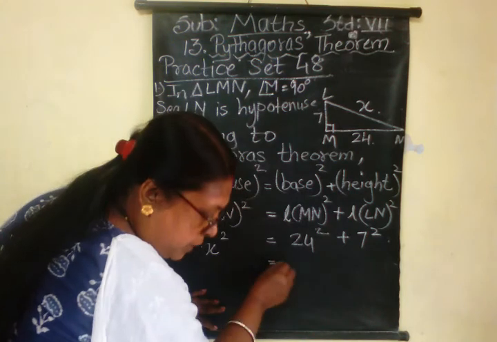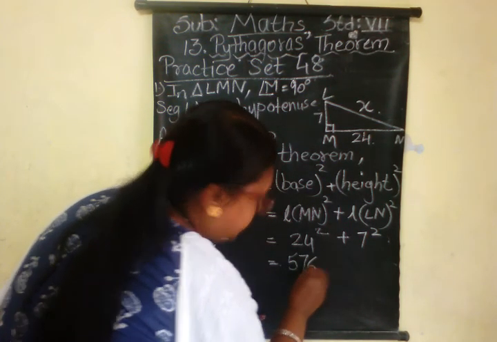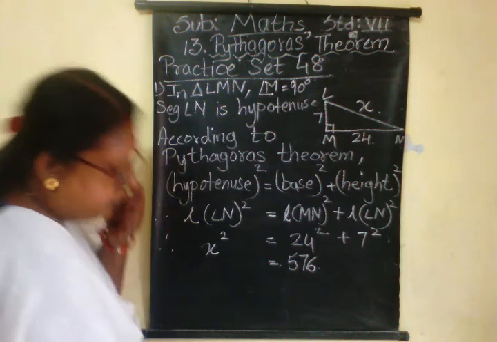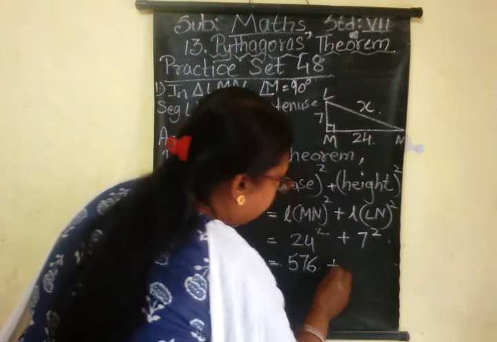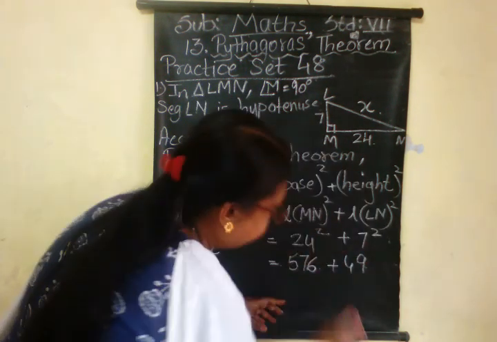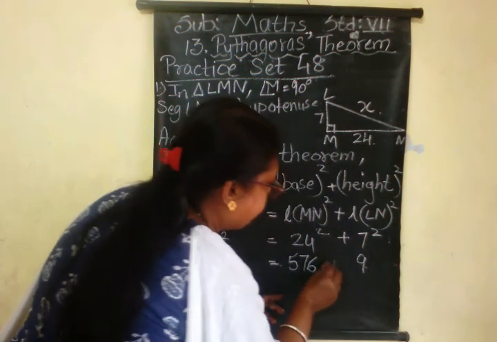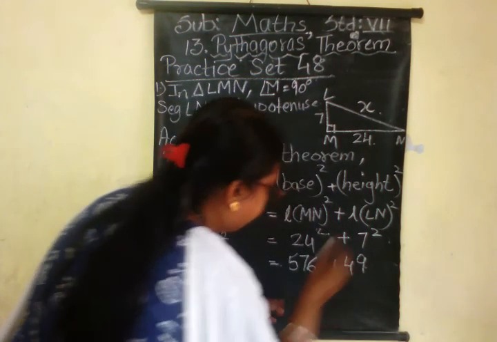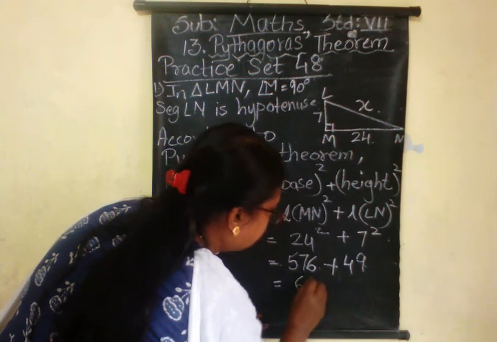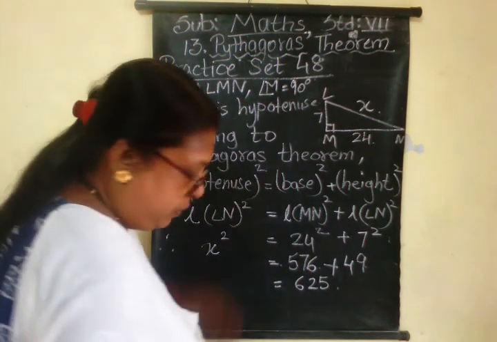Now this gives me answer. 24 square gives me 576. Okay, plus 7 square is 49. The total gives me 625. 625 is square of 25 children.